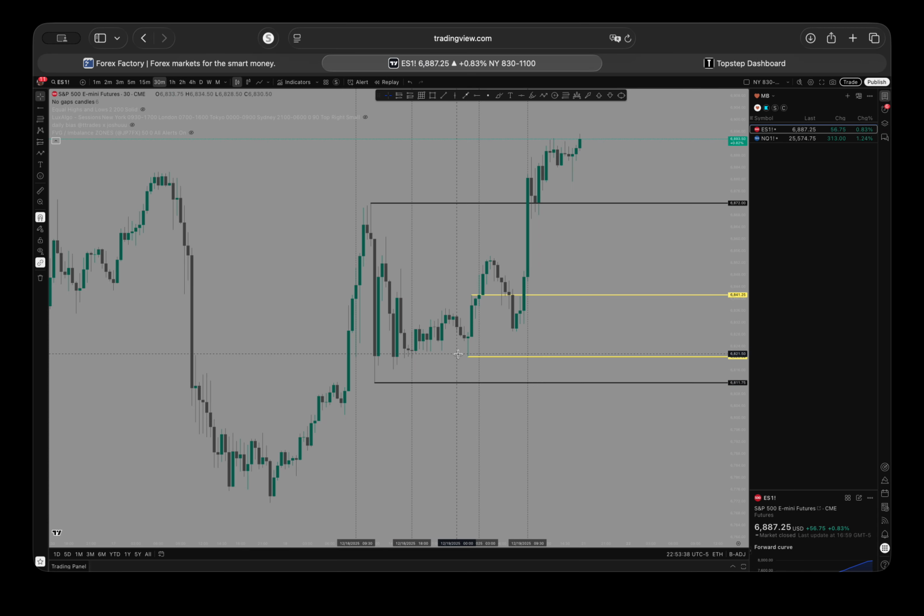For Asian market overnight, the highest price was here. The lowest price was here. This is now the London session. The London session lowest price was somewhere here. And I'll change the color. And the highest price was somewhere here. Cool.